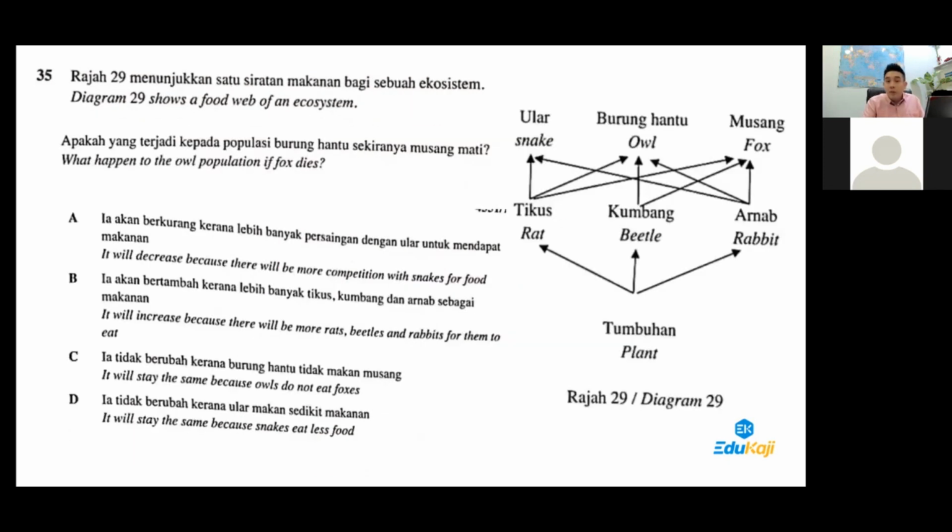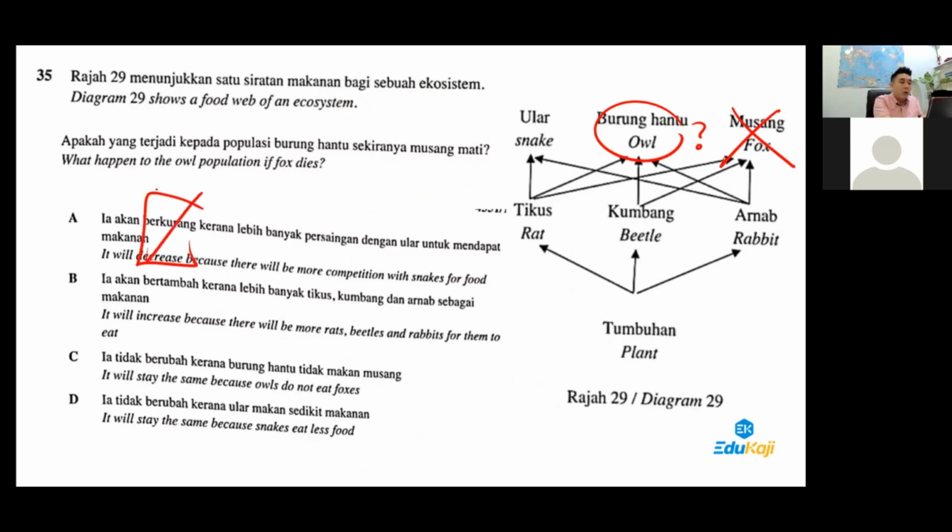35 is food chain, Form 5, Chapter 9. What happens to the owl if the fox dies? So guys, I cross out the fox. What happens to the owl? There'll just be more food for the owl.